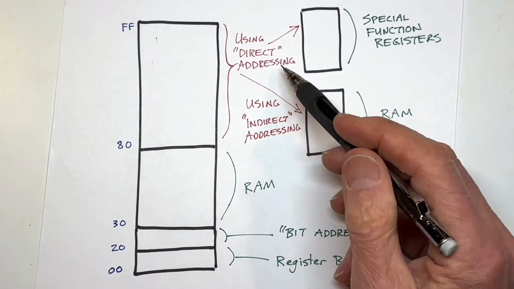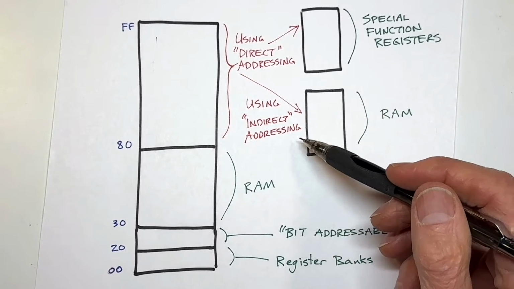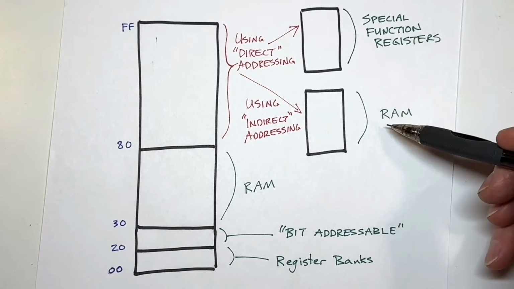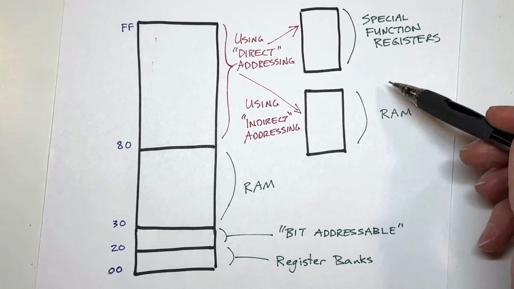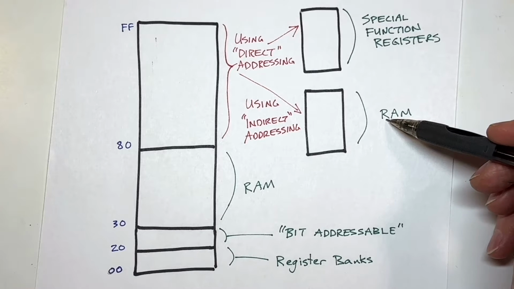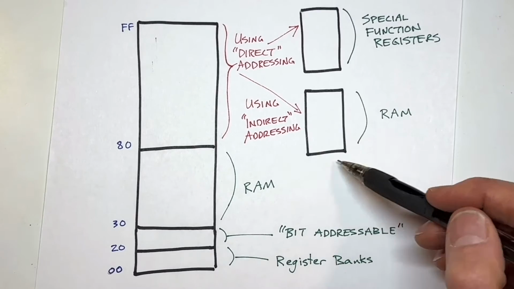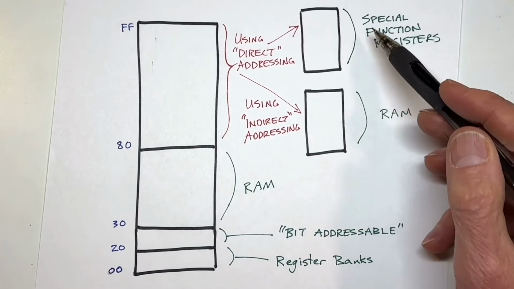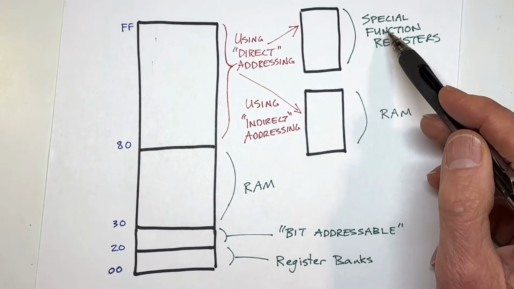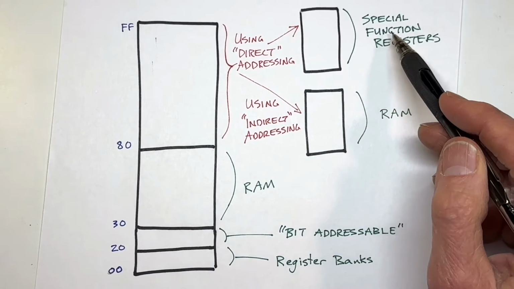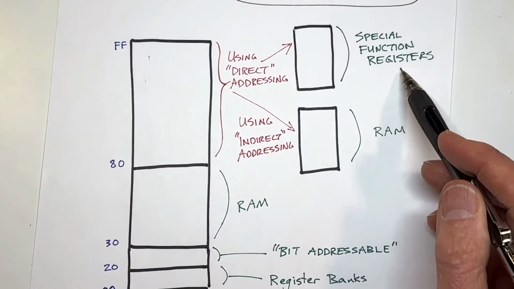Which of these two address forms is used, that is, which of the two blocks of memory will be accessed, is determined by the instruction. Some instructions will use the general purpose RAM here, and most of them, however, will use direct addressing and access these special function registers.